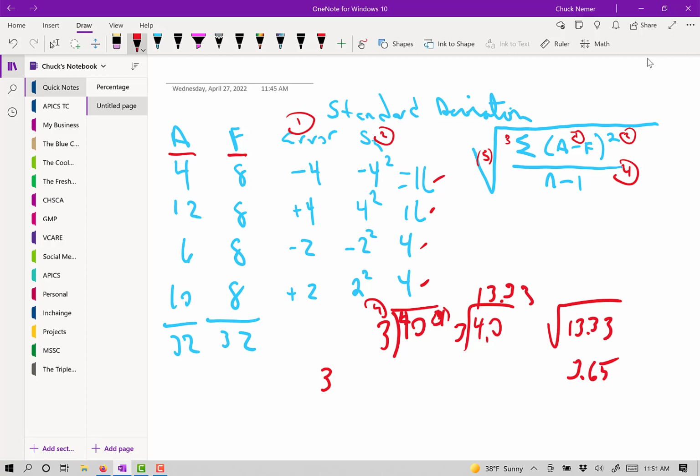There's a rough correlation that I believe, when you take MAD and add another 25%, you get a rough approximation of standard deviation. So 3.0 times 1.25 is 3.75, which is rough, not perfect, but a rough approximation to standard deviation. But again, standard deviation is mathematically more accurate. It's just another way of measuring forecast error.